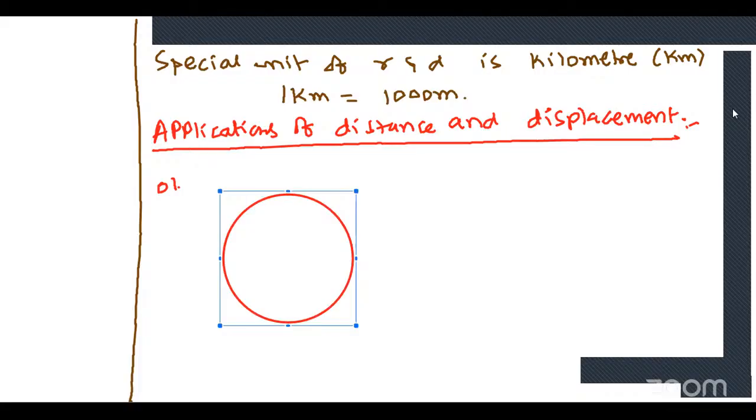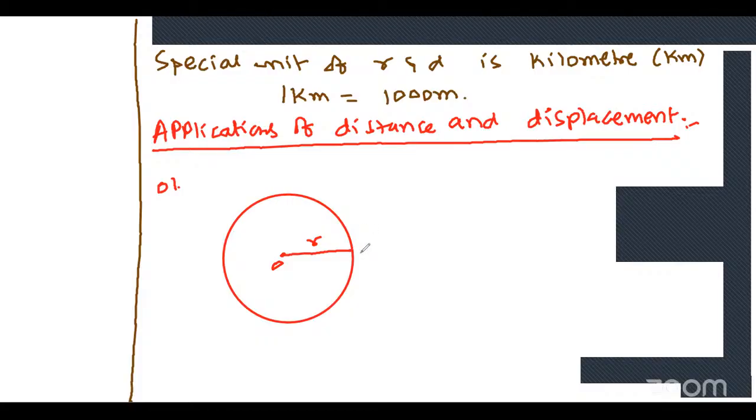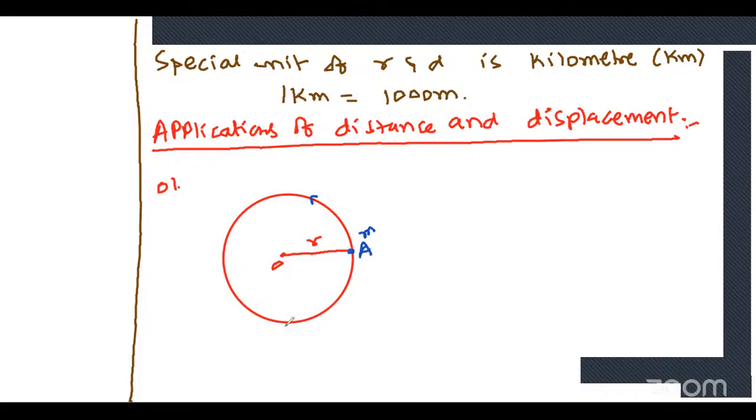This is my radius r. We have a particle of mass m, which is at A, and it completes one complete rotation. For one rotation, I need to find the distance and displacement.